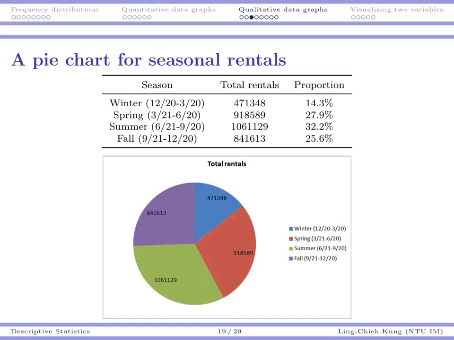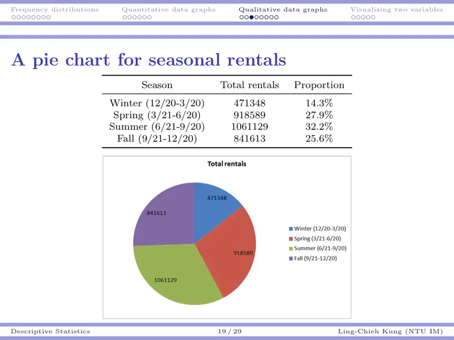Okay, and then we can do some basic summation to get the total rentals in each season. If we want, we can also calculate the proportions of that. So you can simply answer the previous question with this table. These numbers here can tell you what's the proportions of each season.